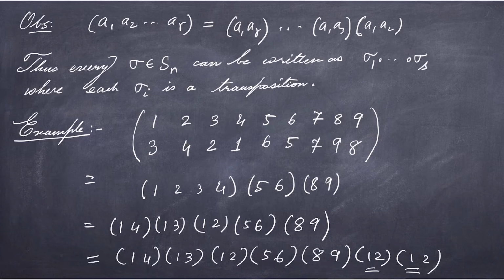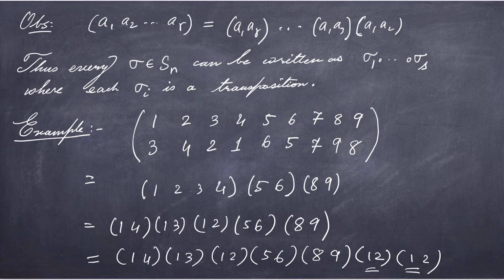Let me again articulate that better. So the number, as I said, is not unique. However, from this example, or more precisely the way we are adding more and more transpositions here, it is clear that though the number is not unique, its parity has to be unique. By parity, I mean either it is odd or it is even.